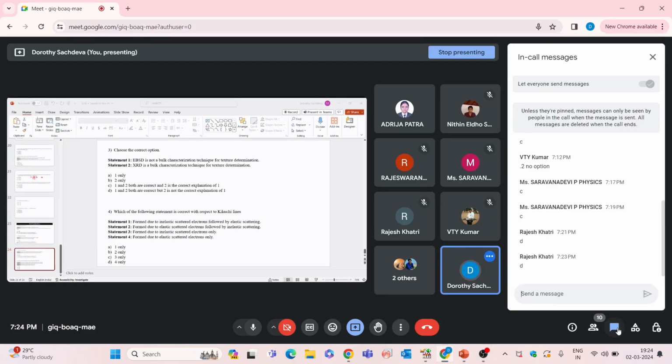Rajesh says option D, that statement 2 does not explain statement 1. Anyone else? Yes, Rajesh is absolutely correct.